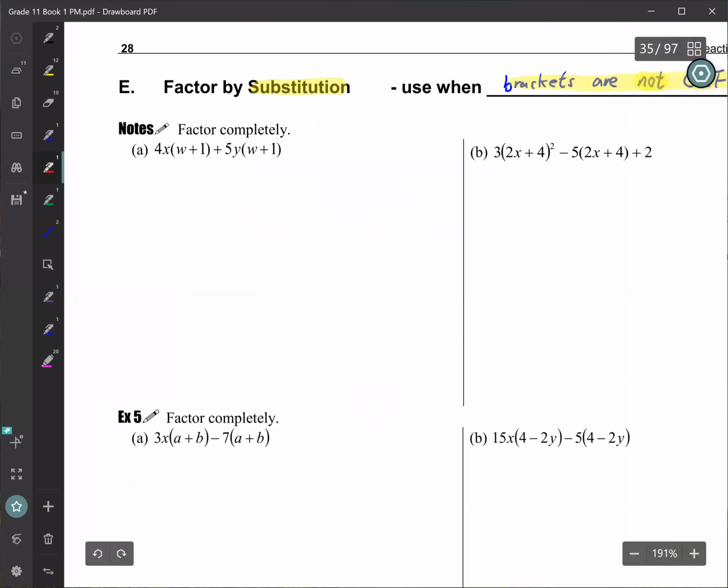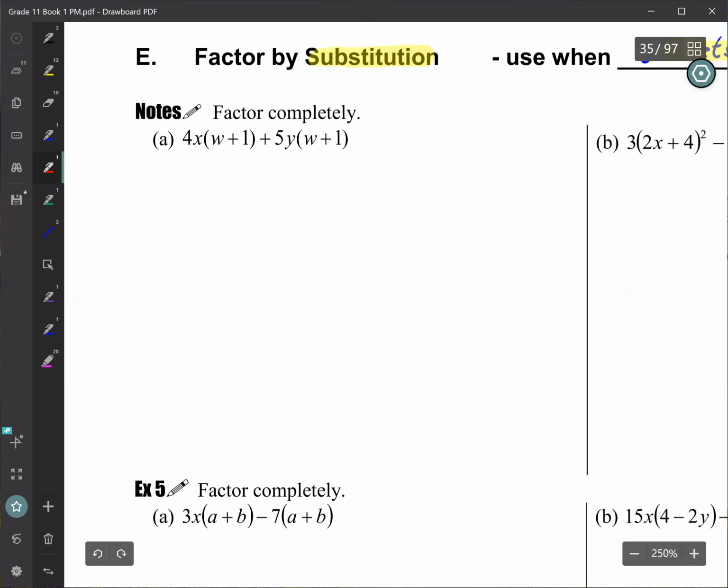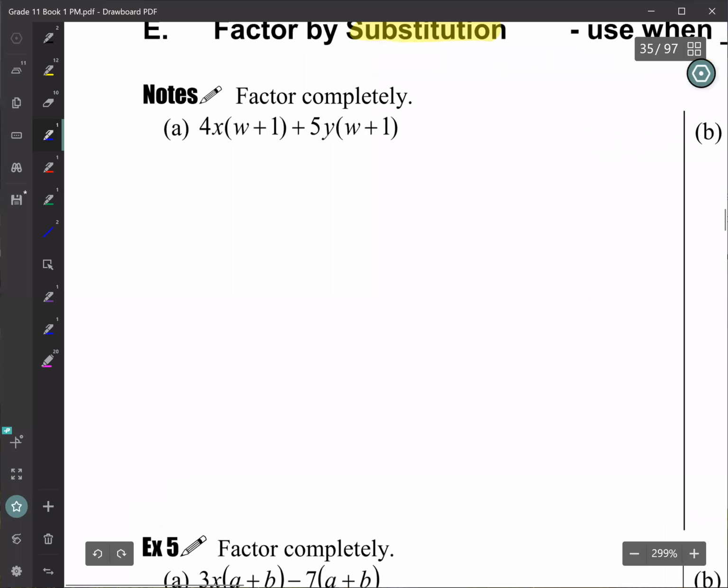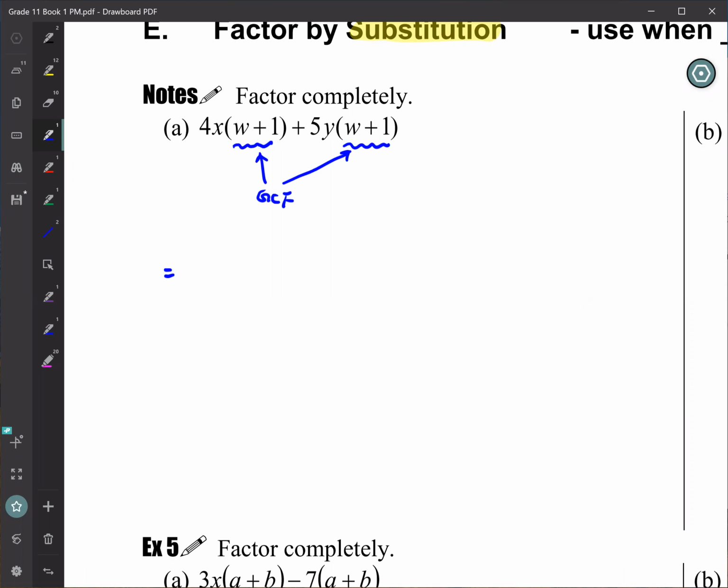Okay, so let's look at question A first. So Colin, for question A, are the brackets GCF? Yes. Okay, what is it? Is it bracket w plus 1? Okay, so we can take it out, right? So these are GCF. Let's take it out. Can you tell me what it looks like after I take it out?